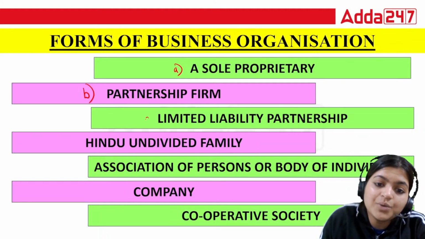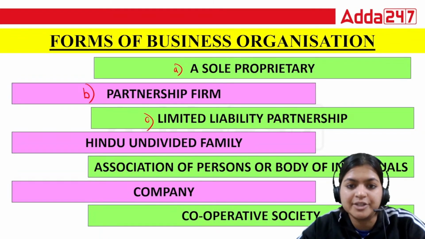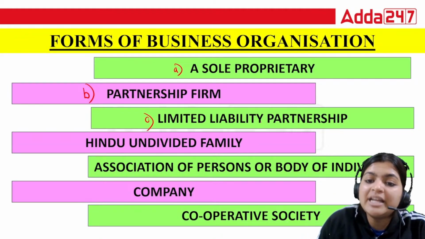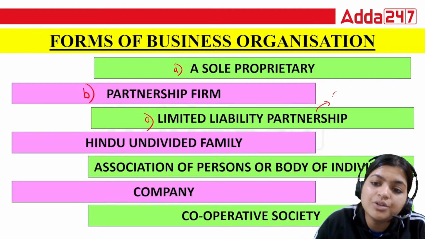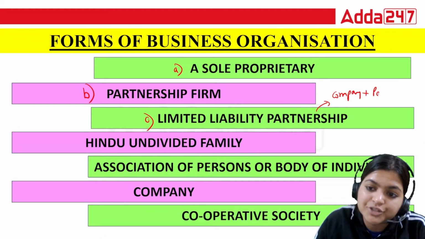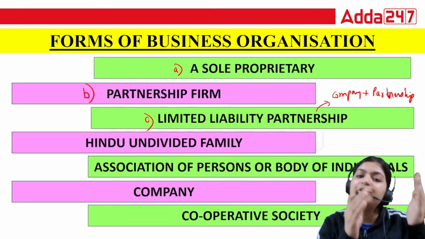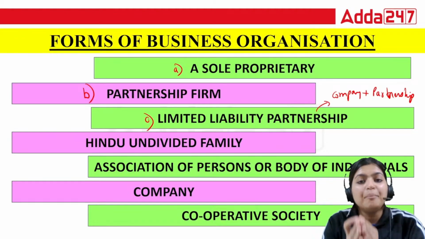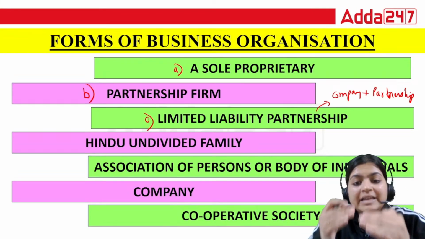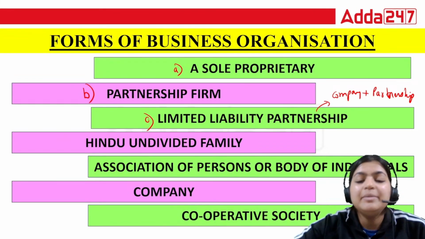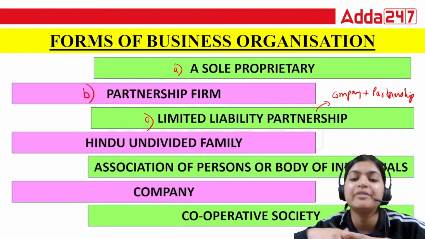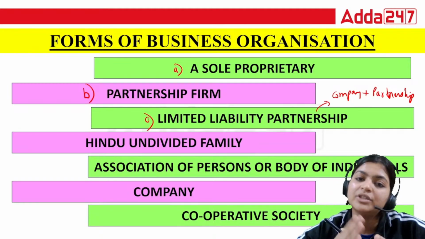Then next you have limited liability partnership. Now limited liability partnership is the combination of company as well as partnership. Here you will see partners are coming. You and your friend both are working, but they have some limited liability. Limited liability means whatever amount they have invested, only they are liable for that much amount.